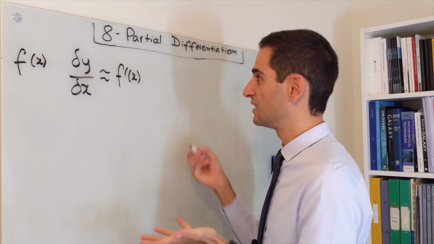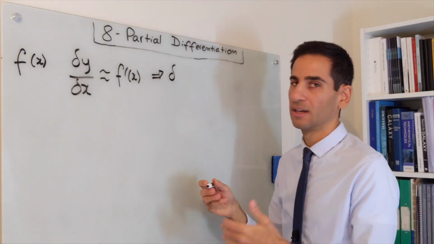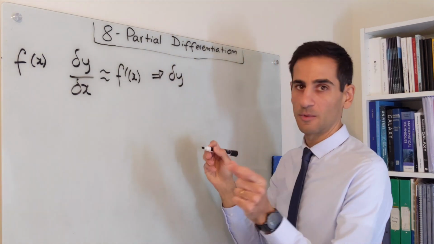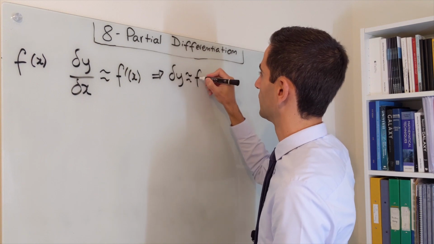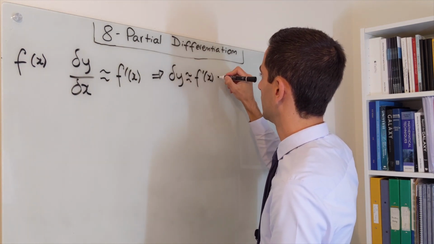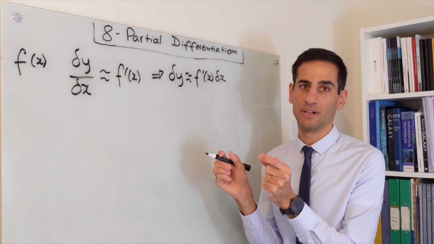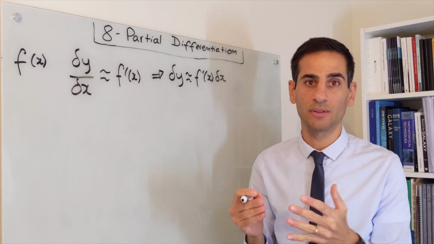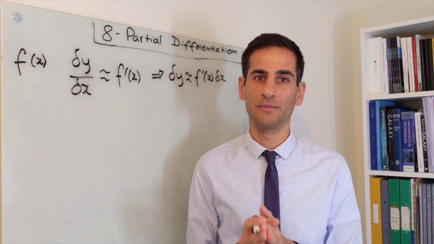This means we can look at the change of the function, this small delta y, by multiplying the derivative of the function at the point times whatever delta x we're applying. This gives you the total change of the function because the function only depends on one variable.